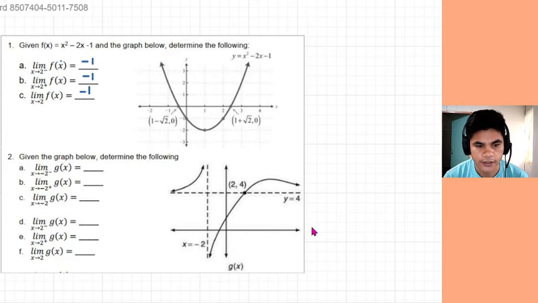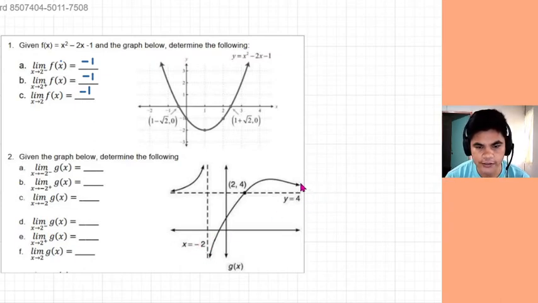Here on the second graph, given the graph below, determine the following. So the limit of g(x) as x approaches negative 2 from the left. So as x approaches negative 2, this line is x equals negative 2.